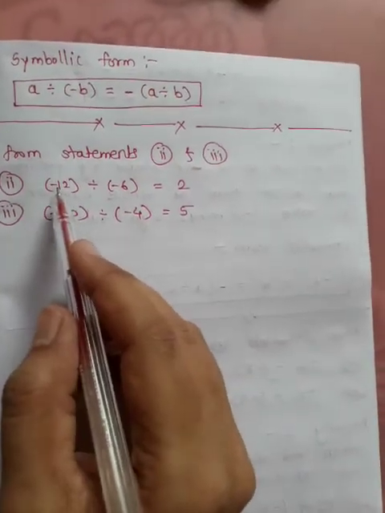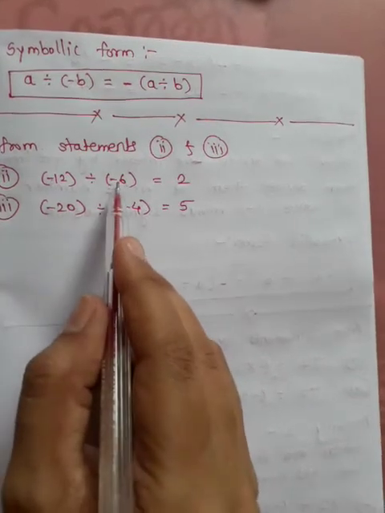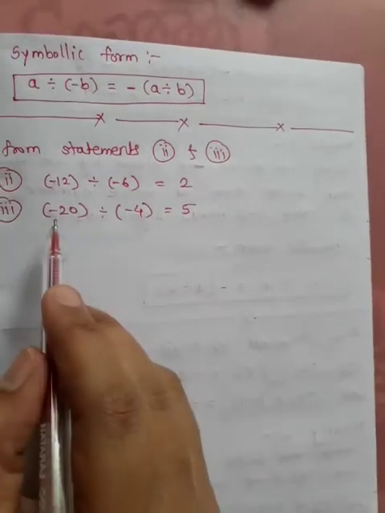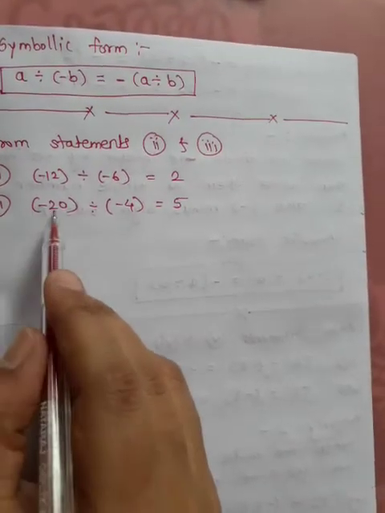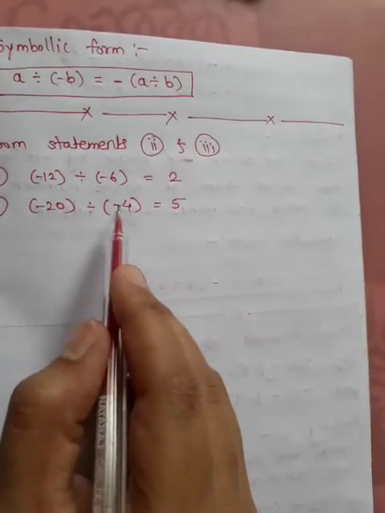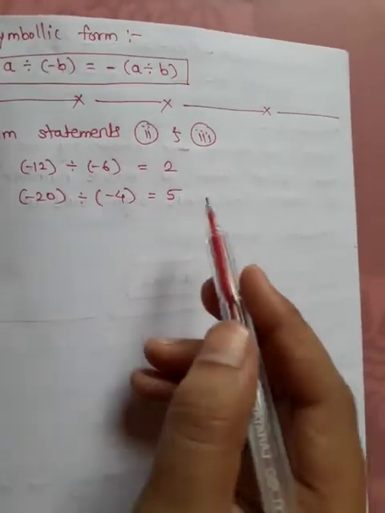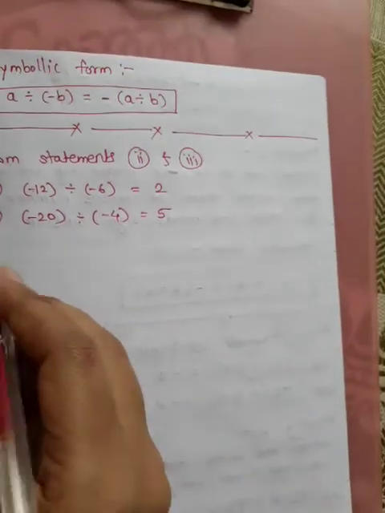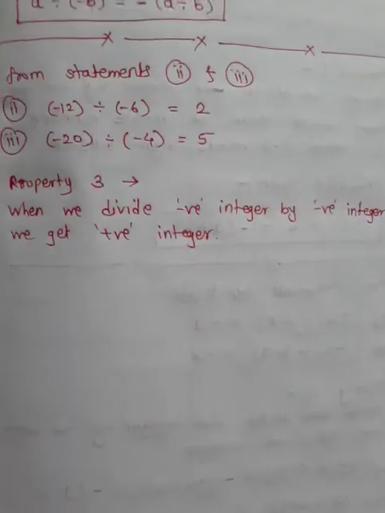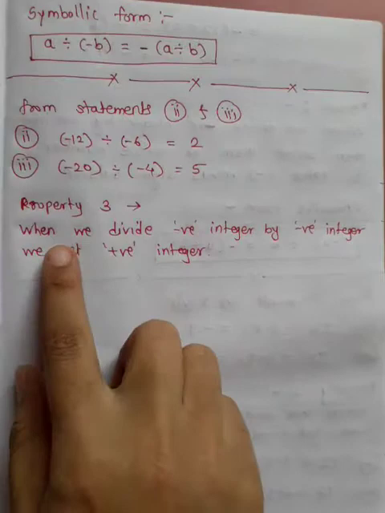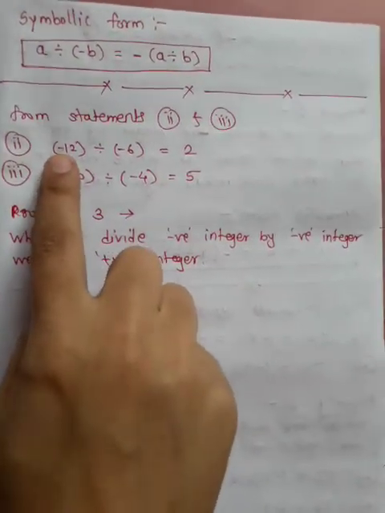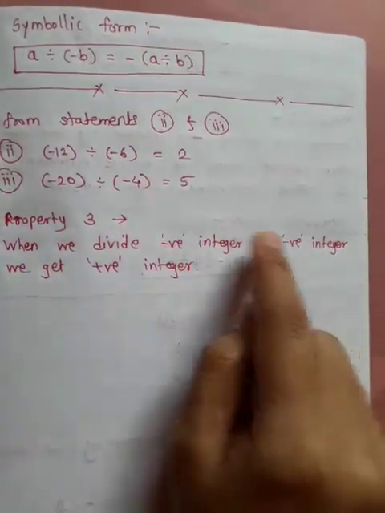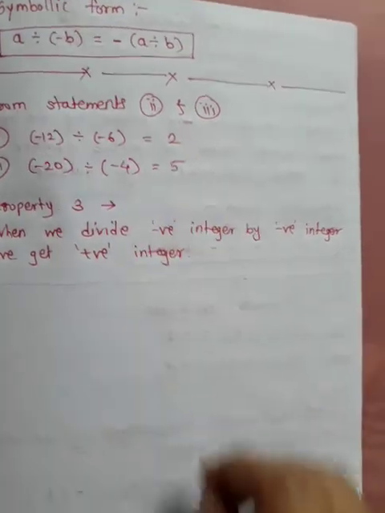Statement 2 says that when we divide a negative integer by a negative integer we get a positive integer. Statement 3 also says that when we divide a negative integer by a negative integer we get a positive integer. So property 3 is: when we divide a negative integer by a negative integer we get a positive integer.